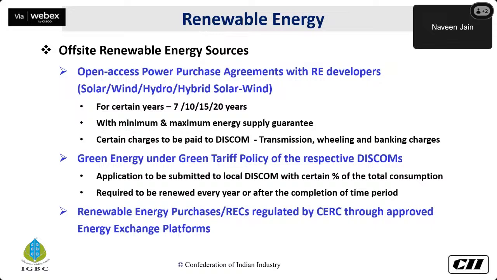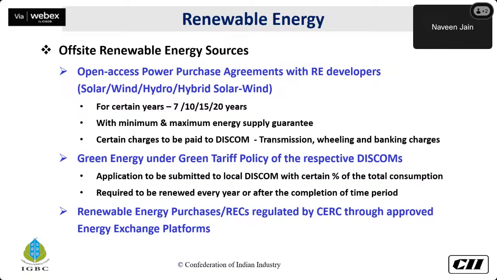How can they provide it? They basically charge some additional premium on the regular tariff. Like if the energy tariff is right now 8 rupees, then it will be 8.6 or 8.7 rupees per unit. Then the government will give the certificate that whatever energy you are consuming is green energy.